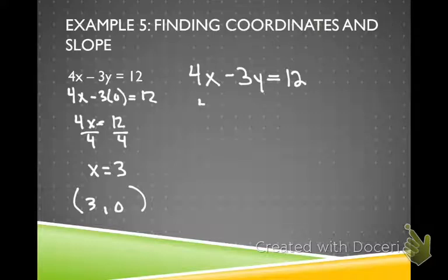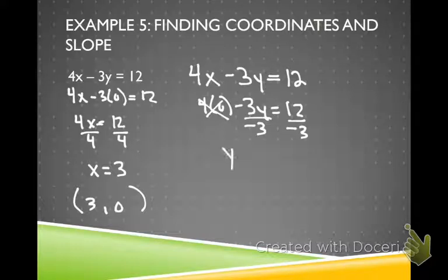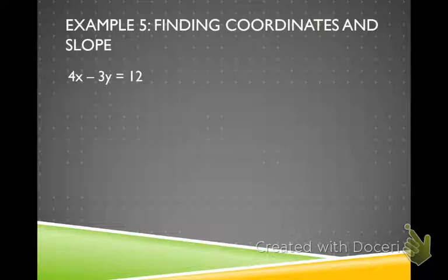Now over here, I plug in 0 for x because I'm solving for y. So now negative 3y divided by negative 3, and y equals negative 4. So this ordered pair would be 0 for x and negative 4. All right, now I need to put them into my formula. 3, 0, and 0, negative 4.